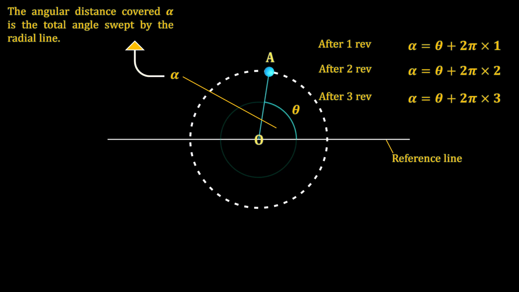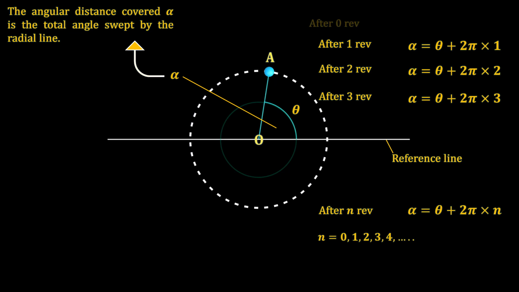Now, we can generalize this result. After n full revolutions, when the object is at a displacement theta from the reference line, the angular distance covered alpha is theta plus 2 pi times n. The values of n take values 0, 1, 2, 3, 4, and so on, depending on the number of full revolutions completed.